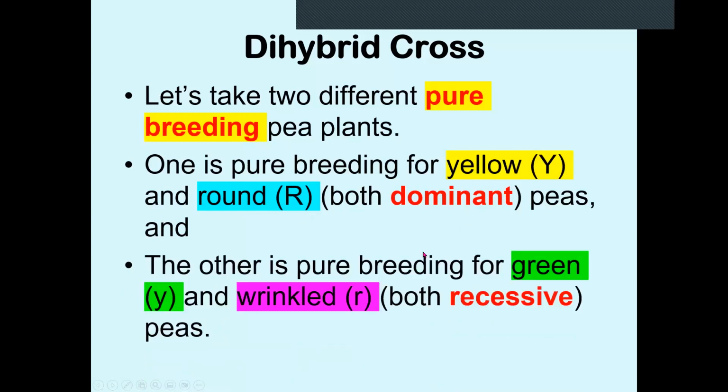And the other pure breeding plant, so this is for yellow peas. Remember I said before, yellow peas are the dominant. The green peas are the recessive. So these are both recessive. So it's green and wrinkled, and they're both recessive.